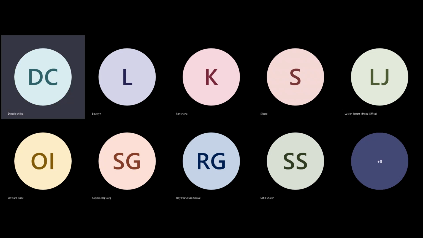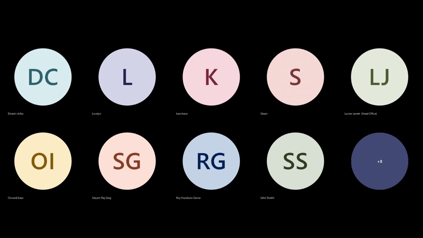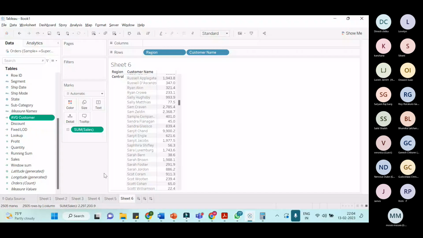Now, again, fix customer name. What do we want? Maximum order date, right? What if minimum order date? Just fixing customer name in terms of maximum, you just write minimum. Okay, I will share my screen. Just one second.